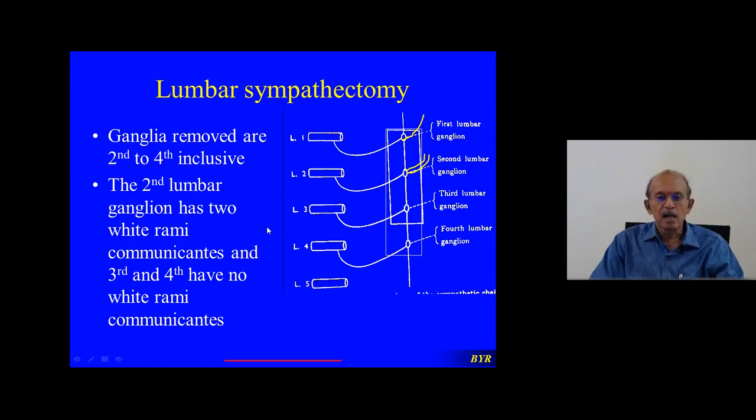They leave from the anterior nerve root and end in the ganglia. So the second will have two roots, third and fourth have no roots. That is how you identify the second lumbar ganglion. So in lumbar sympathectomy, you remove the second, third, and fourth paravertebral ganglia.